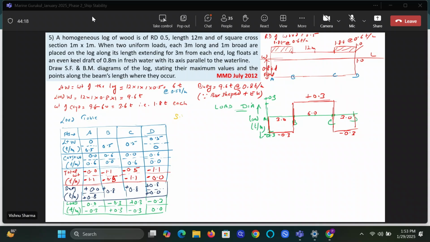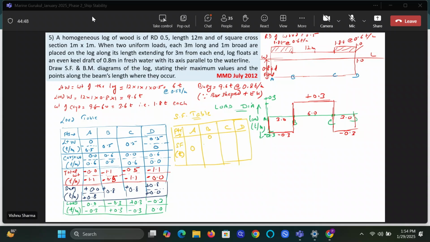Your SF table would be like this. One, two, three, 4. SF would be in tons and points would be A, B, C, D. Now there is no question of subdividing by areas. I'm not going to speak anything. I'm just doing it.